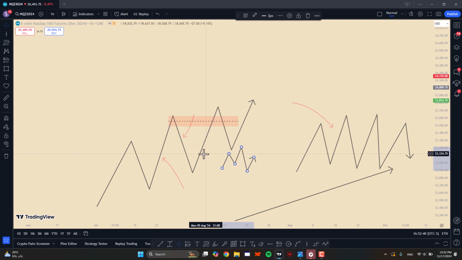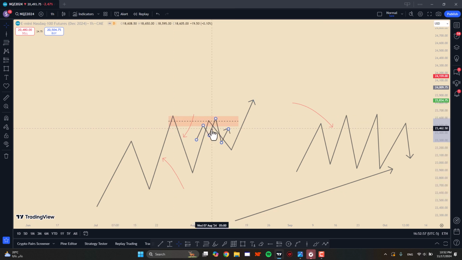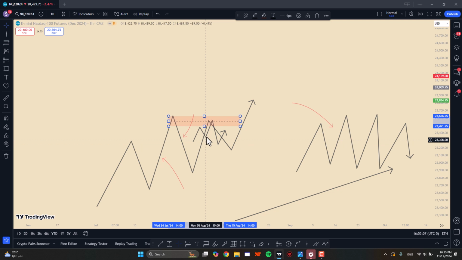So price was trading to the upside from here, and this pattern happened here before price tops this higher time frame high. So do you think that this level is the ideal level to short from, where we are clearly in an expansion leg, right? Price expanding after it finished this pullback.